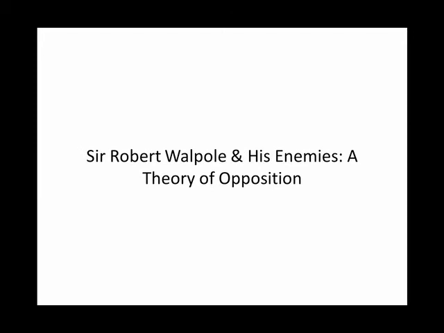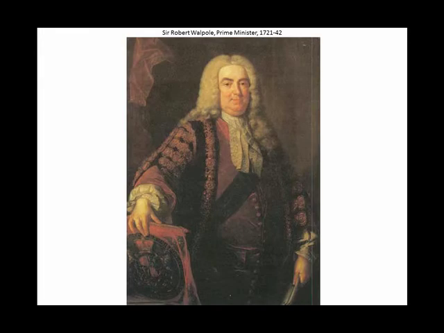All right, so now we're going to talk about Sir Robert Walpole and his enemies and what they came up with to oppose him. There's Sir Robert Walpole, and you can see he's Prime Minister of Britain from 1721 to 1742. Big, good long run as a top politician.